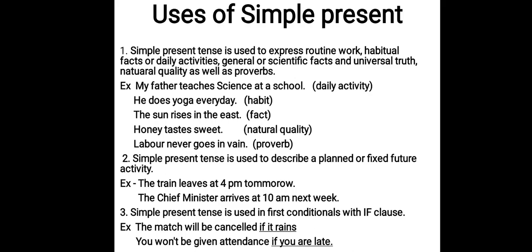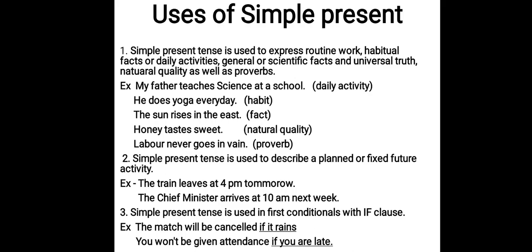The sun rises in the east. This is also a fact, universal truth. So we have used simple present tense. The natural quality of a person or object is also expressed in simple present tense, as honey tastes sweet.